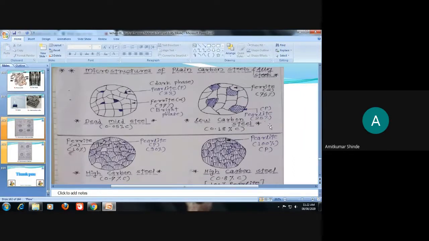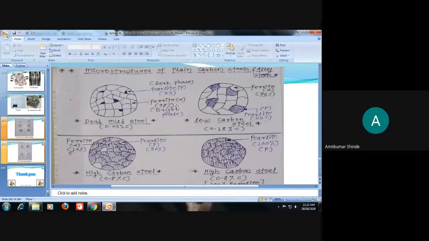In medium carbon steel, 50% ferrite, the bright phase, and 50% pearlite, which you can show by the dark phase. Same structure you have to draw, just increase the dark portion. Then you can say that 50% is pearlite and 50% is ferrite in the medium carbon steel.